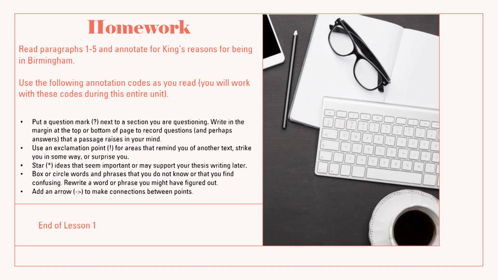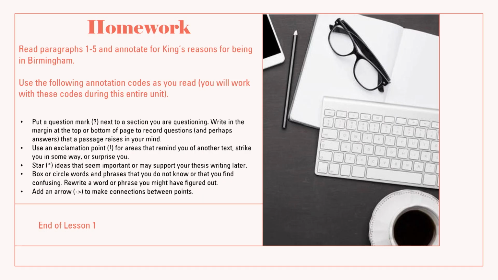I want you to use an exclamation point for areas that remind you of another text or strike you in some way, or maybe it surprises you. I want you to use a star beside something that seems important or may support your thesis writing later. Remember we boxed in two words, clergyman and what was the other one?